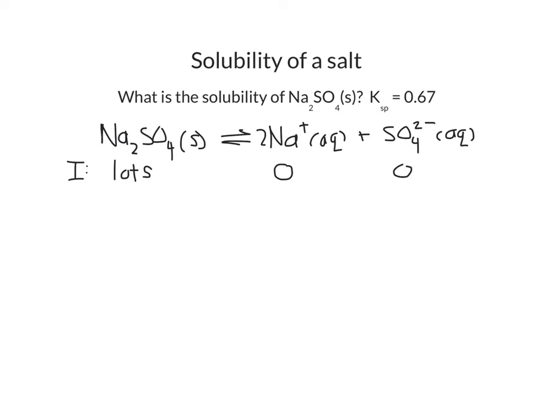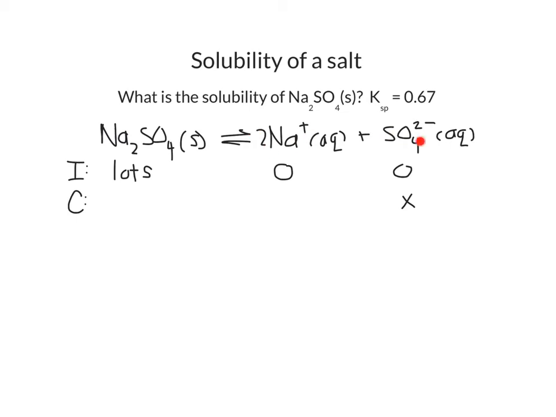Well, we don't know, and so we're going to give that a variable. So the next thing we're going to do is look at how this changes, C for change, to get to equilibrium. If we make X amount of sulfate, we don't know how much, so we'll just call it X. Every time we break one of these up, we get 1 sulfate and 2 sodium ions.